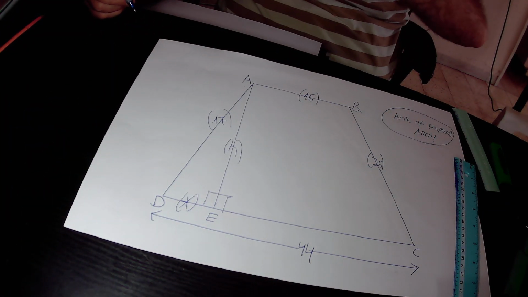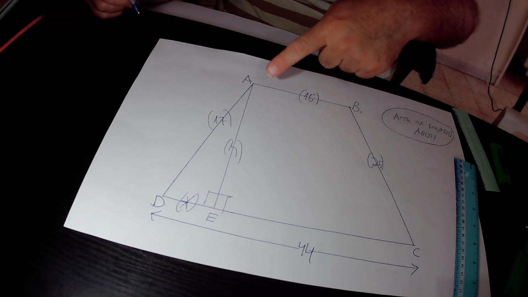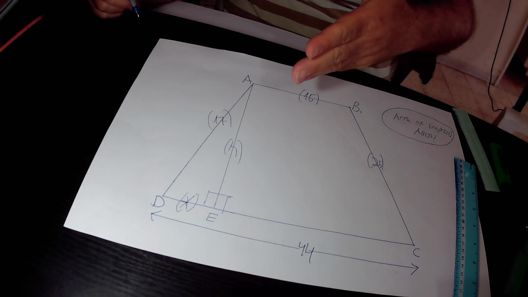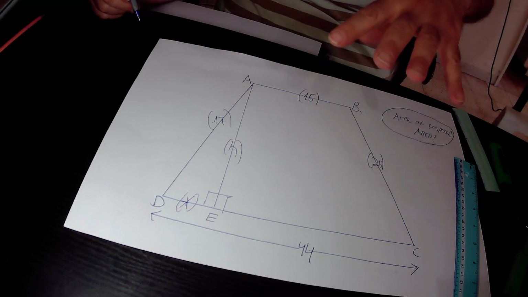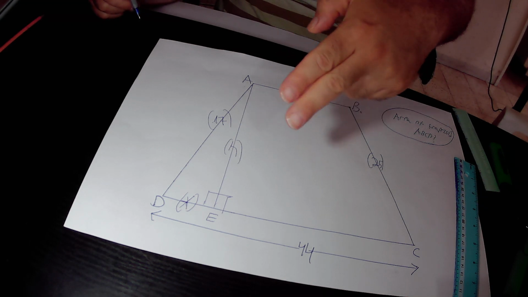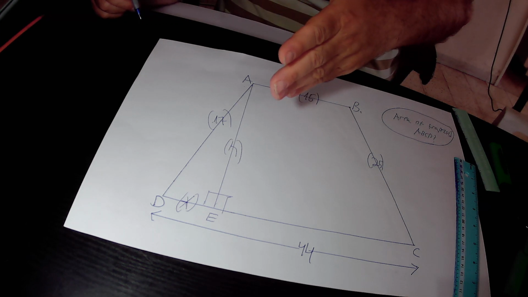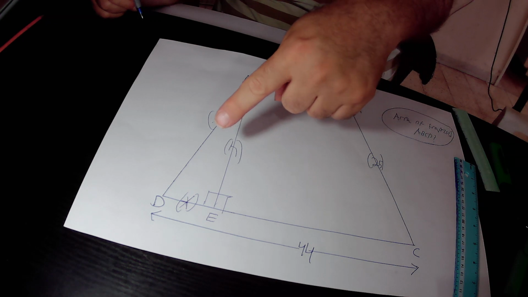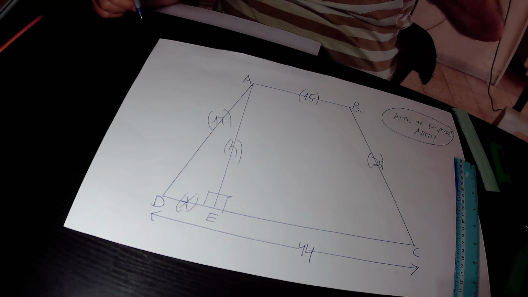AE, which equals h according to our definition, is one side of the right triangle AED, but AE equal to h is also the height of the trapezoid ABCD. Why is AE the height of trapezoid ABCD? Because AE equal to h makes 90 degrees with the base DC. Therefore, h is also the height of trapezoid ABCD.